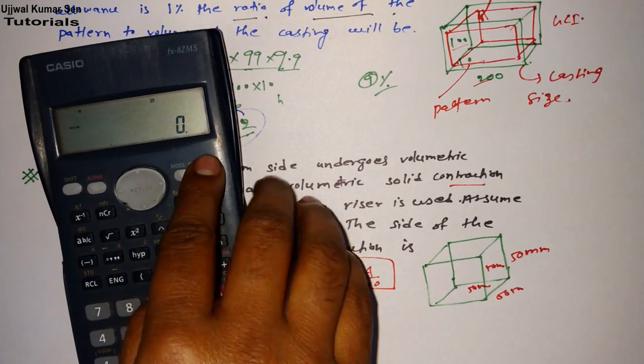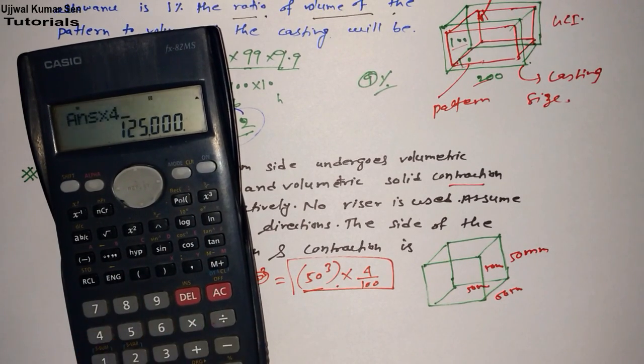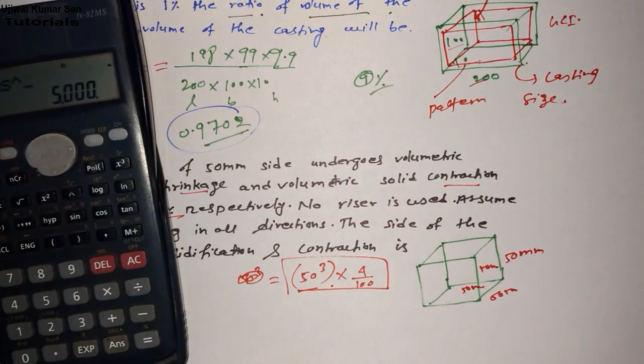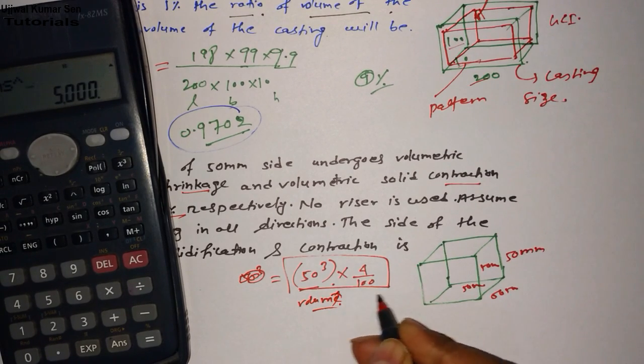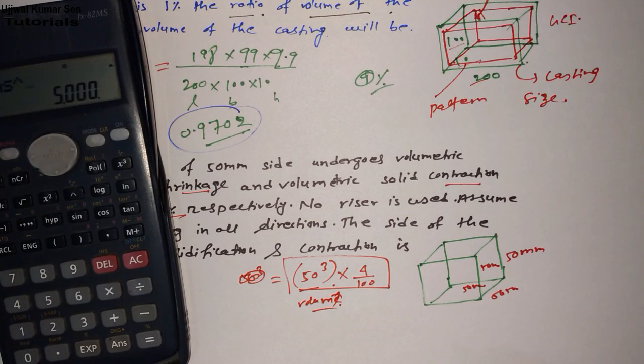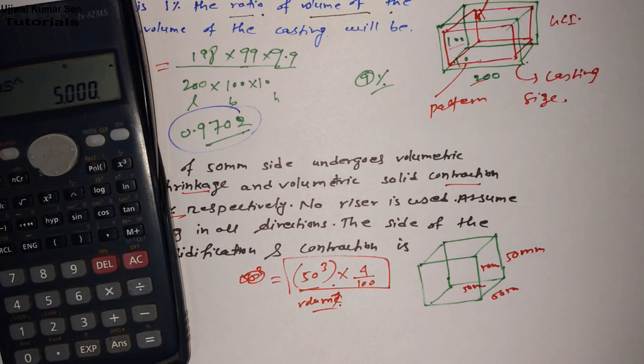So let me just do it again. Multiply by 4 divided by 100. So this is the volume of contraction we got. Now we have to find out how much contraction is taking place in size, I mean in length or breadth or height. So raise to 1 divided by 3.